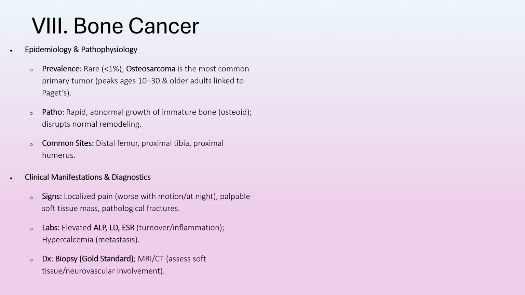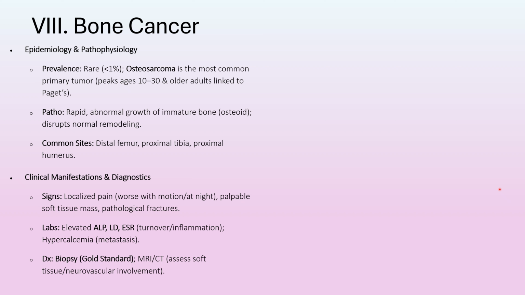What else? Clinical manifestation includes pain, redness, warmth, and deformity around the tumor site. Pain is localized, worsened with motion, unrelieved by rest, and often present at night. So this is a very well-known pain at night.